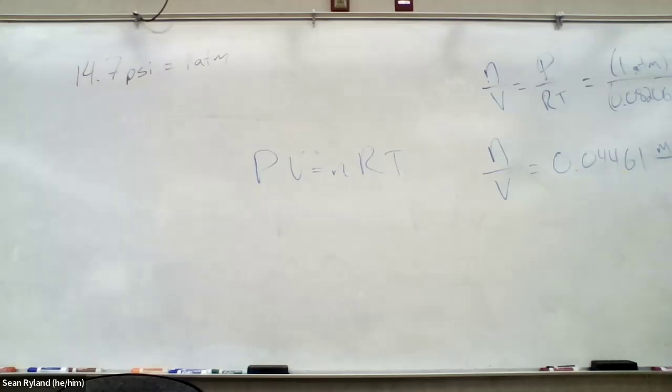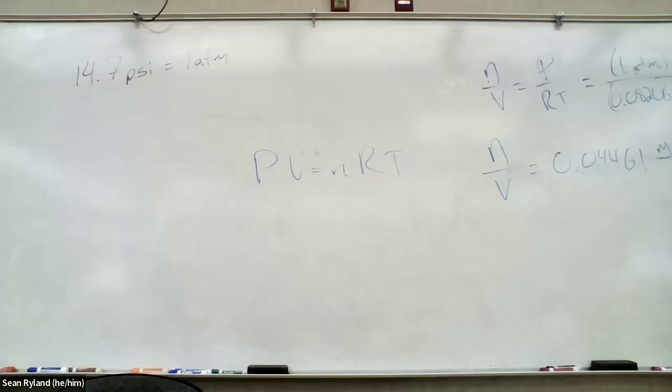This unit is now a combined unit, right? Which actually means we can do a conversion where we convert straight from liters to moles just in one step, the way we've been using conversions like density and concentration. So at standard temperature and pressure, the molarity of a gas is 0.04461.